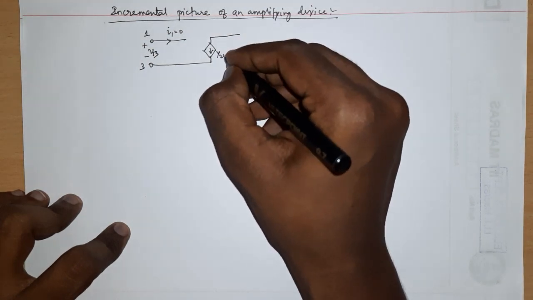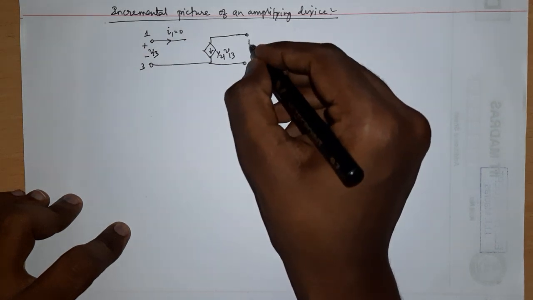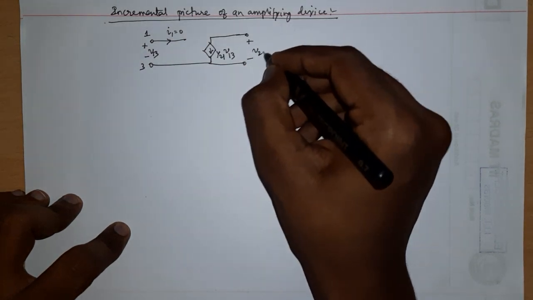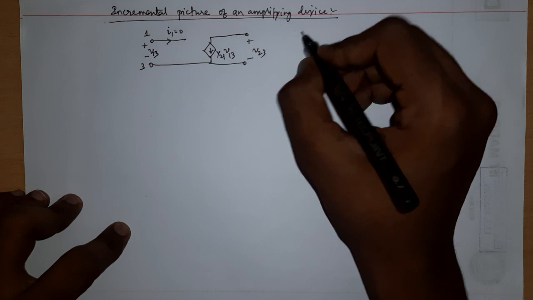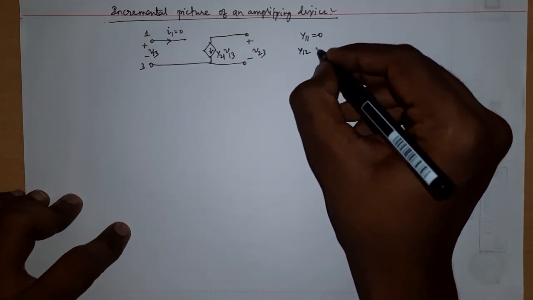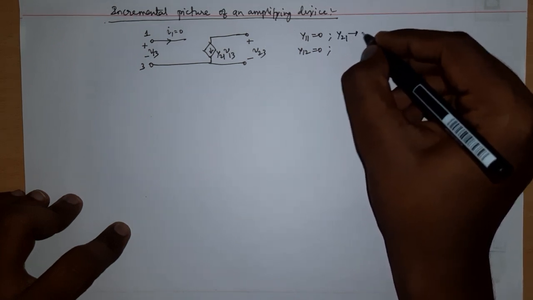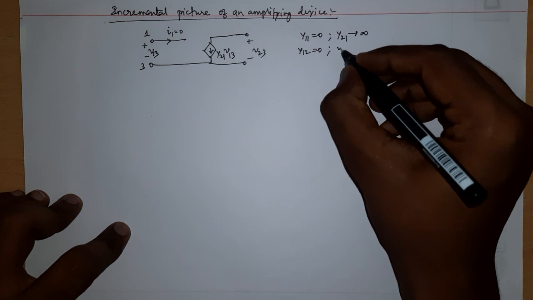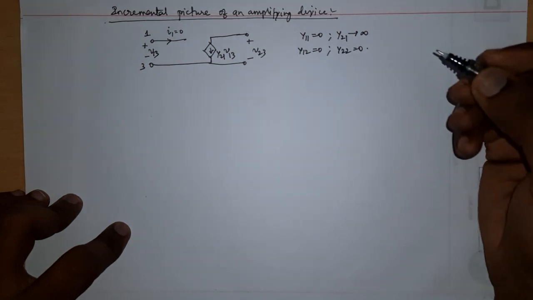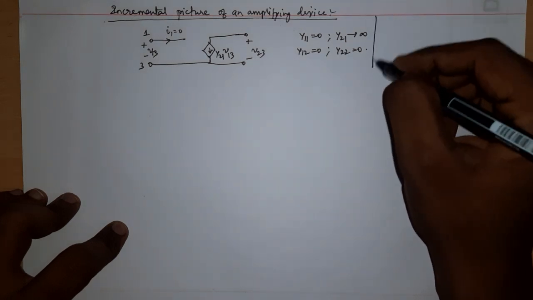This is Y21 V13, this is V23. So essentially my Y11 is equal to 0, Y12 is equal to 0, Y21 tending to infinity or very large, Y22 equal to 0, right? And my equation is something like this.